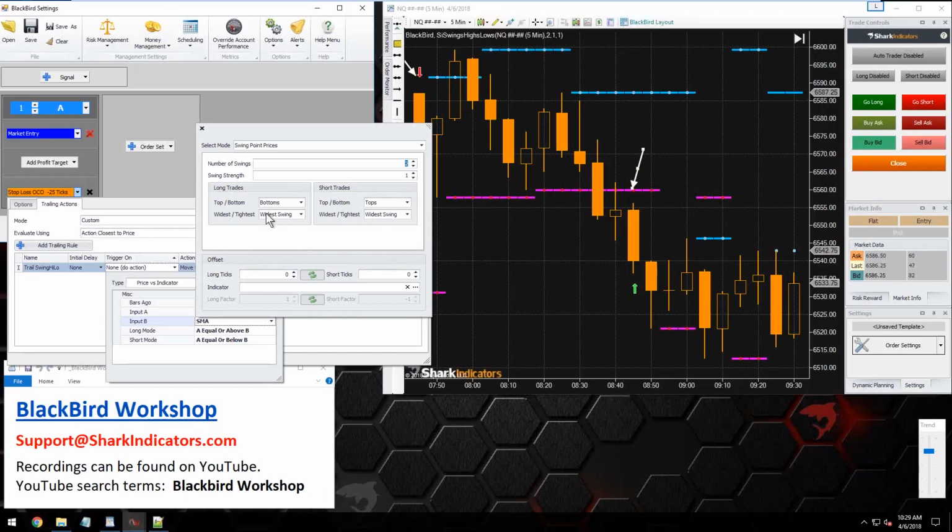Now that we have our indicator set up, you will want to set up some kind of an offset. In the case of a long trade, we're using the bottom widest swing, which is the magenta hash plot.